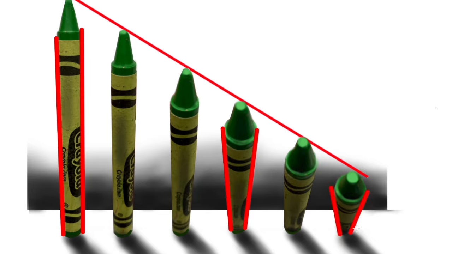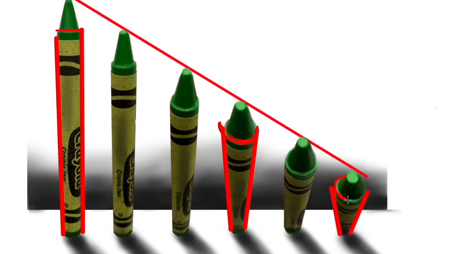However, as we move to the right and the crayon angles more and more towards the viewer, the sides become less parallel and they angle in, getting smaller towards the bottom and larger towards the top.